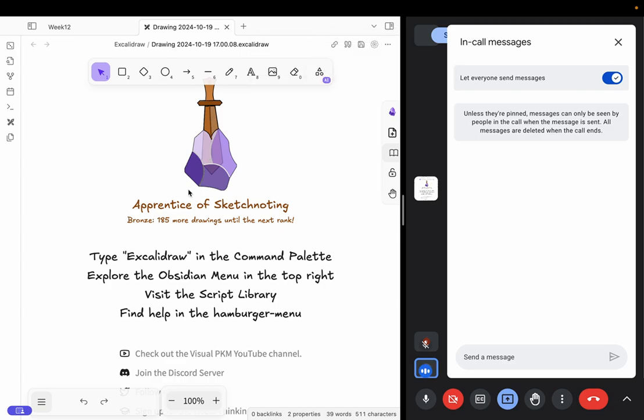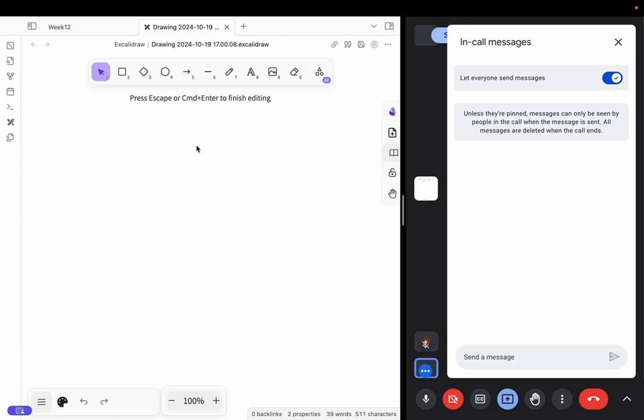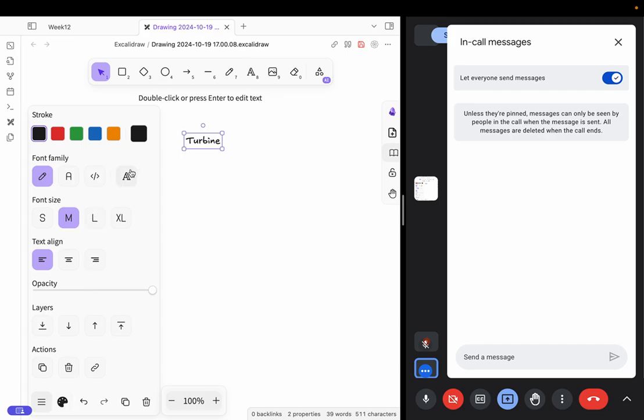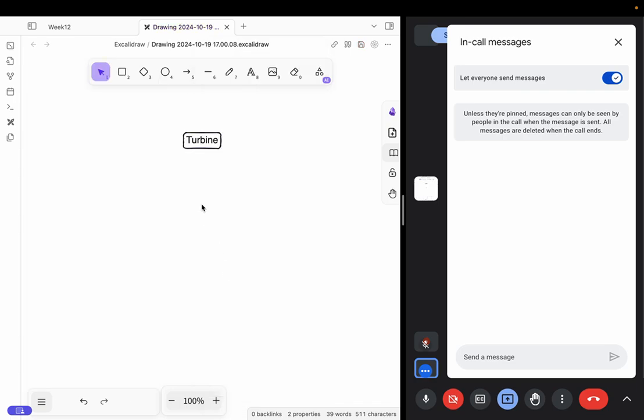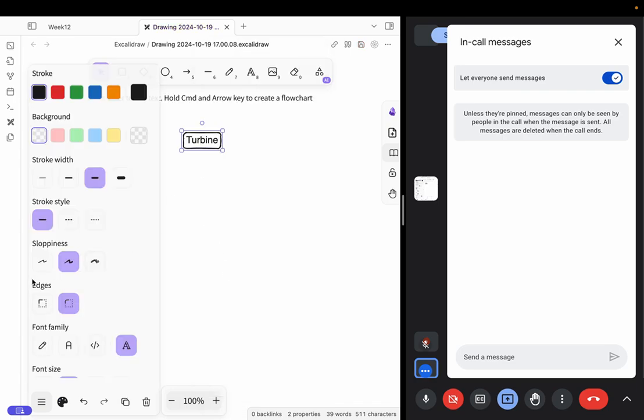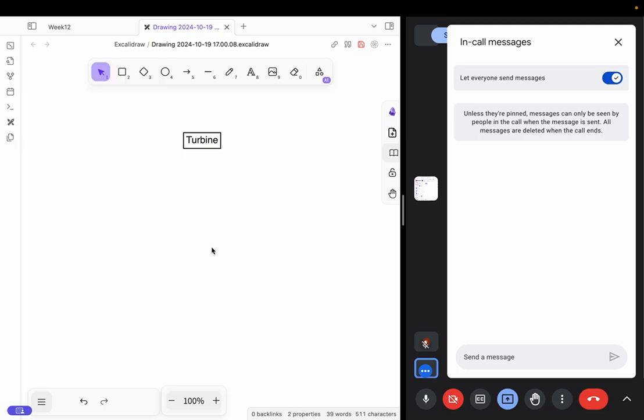So if I were to draw the schematic, how would it be? So I have a turbine. And the output of the turbine goes to the condenser.